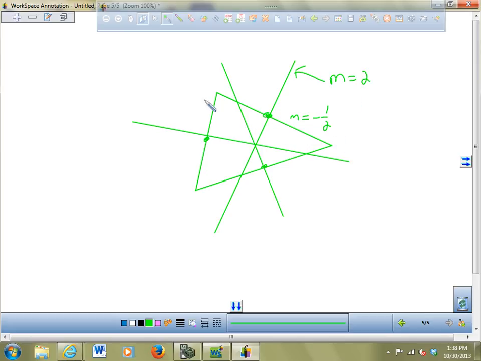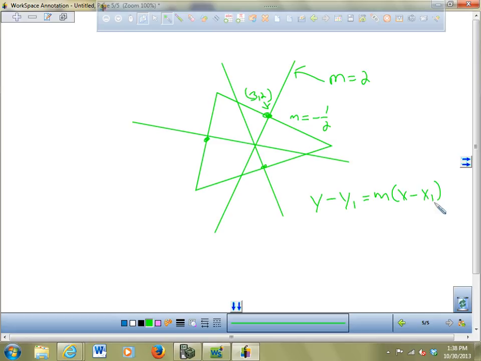Say I know the coordinates, and I find out that this point is 3, 2 over here. Then I could find the equation of this line. The way you do that is you can either use this thing called the point slope formula, which I gave you in that handout, y minus y1 equals m times x minus x1.